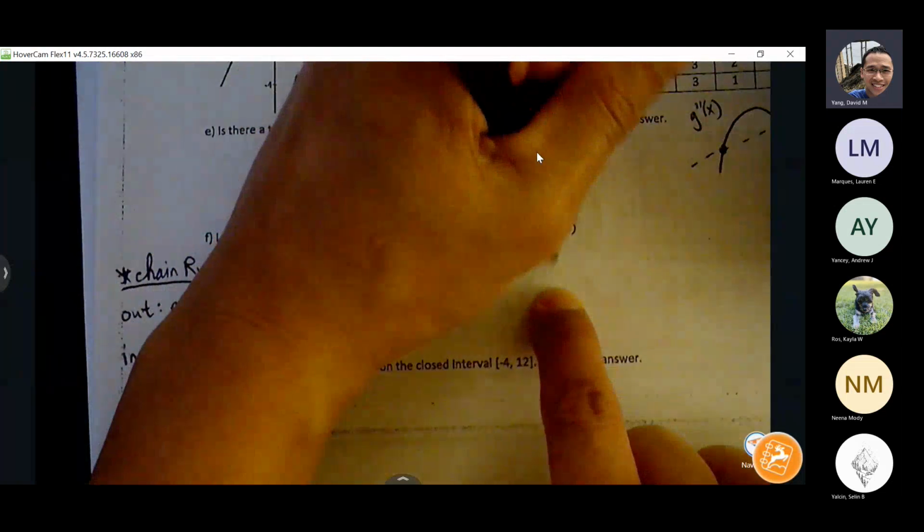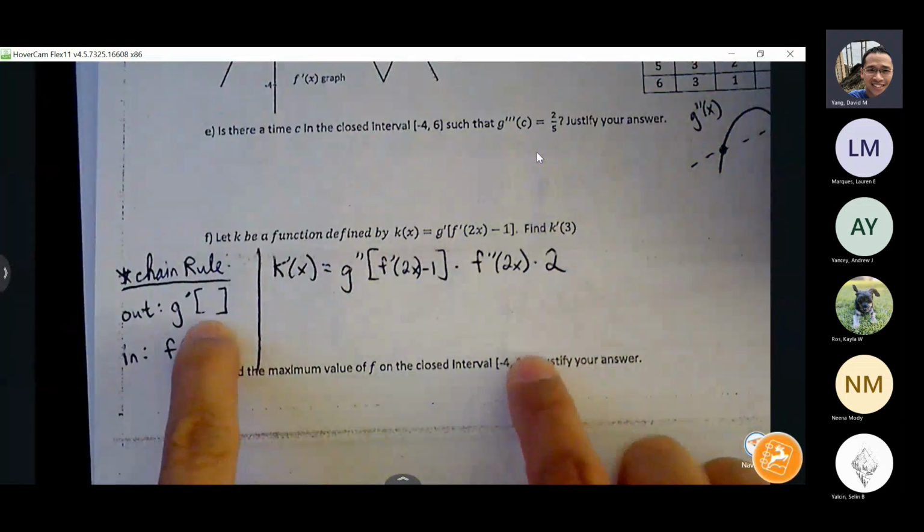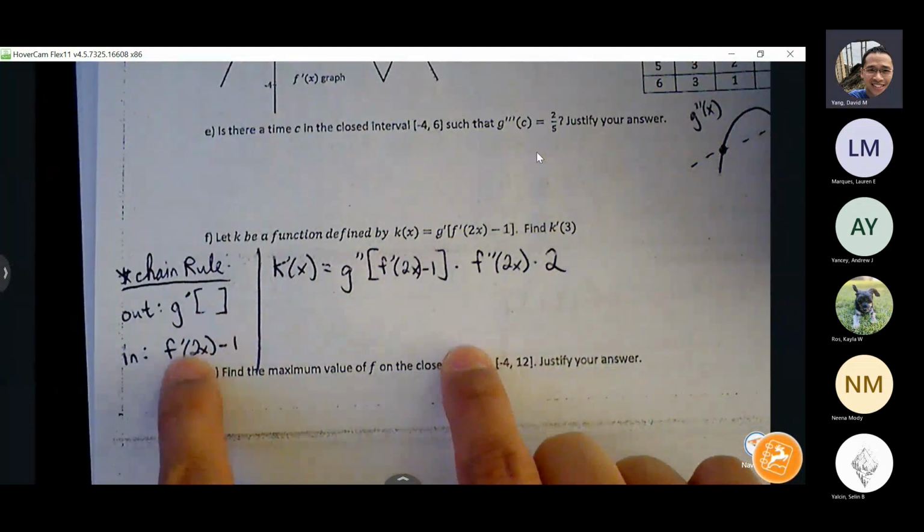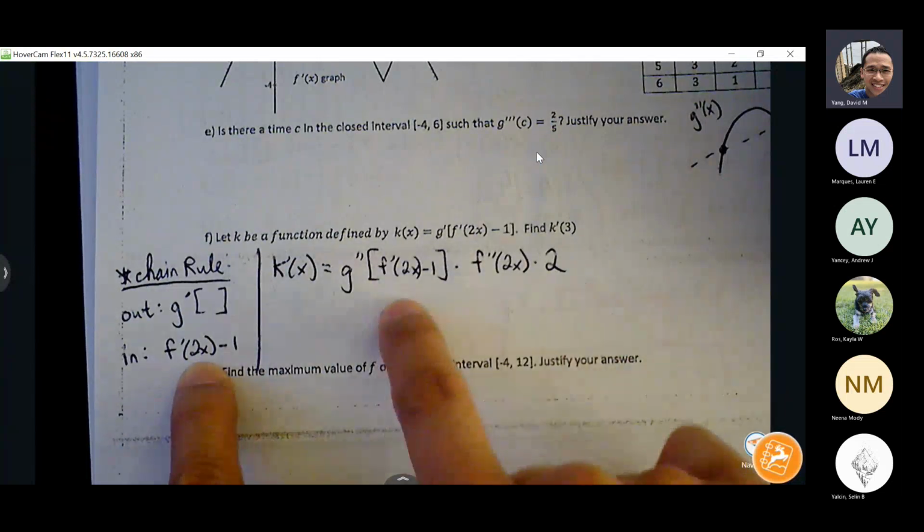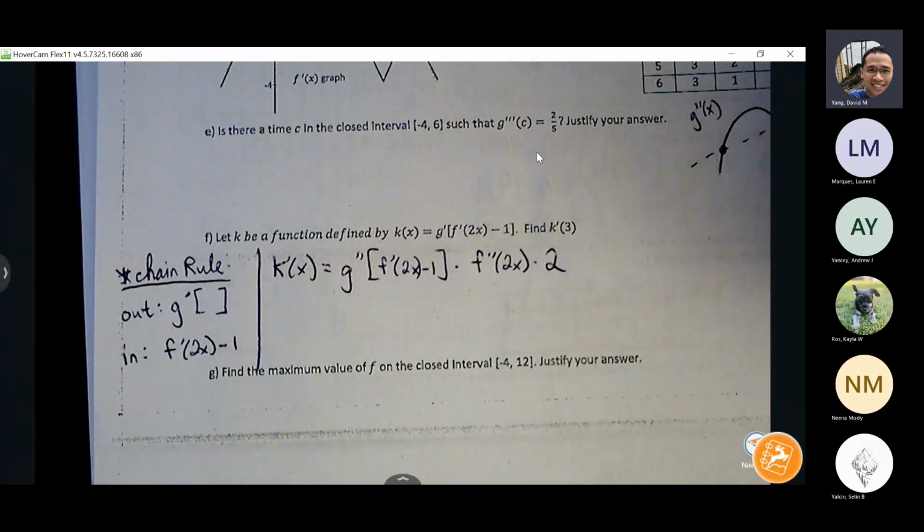So there are three layers going on. You've got the outermost layer, G prime, the inside F prime, and the innermost layer, which is that 2X. Each part needs its own space. That's the hard part, trying to build that derivative.